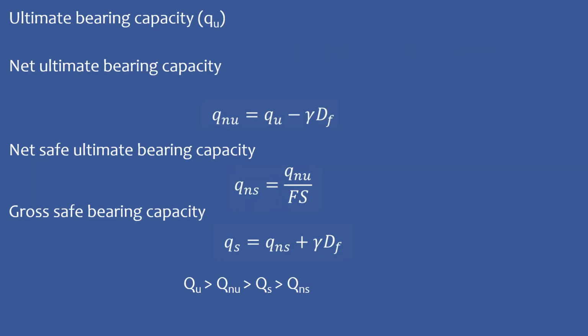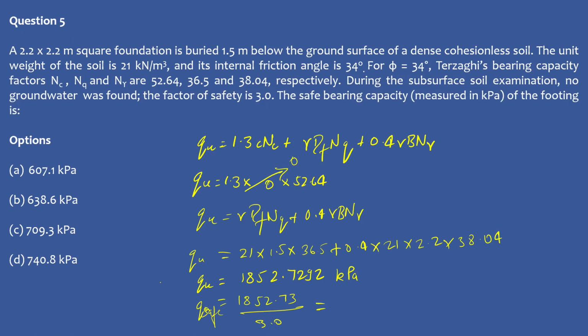If they are asking for the net ultimate, yeah, so we need to further deduct. So it's none other than 618 kPa. So the correct answer is 638.6. So there's a check we need to do. Let me check.